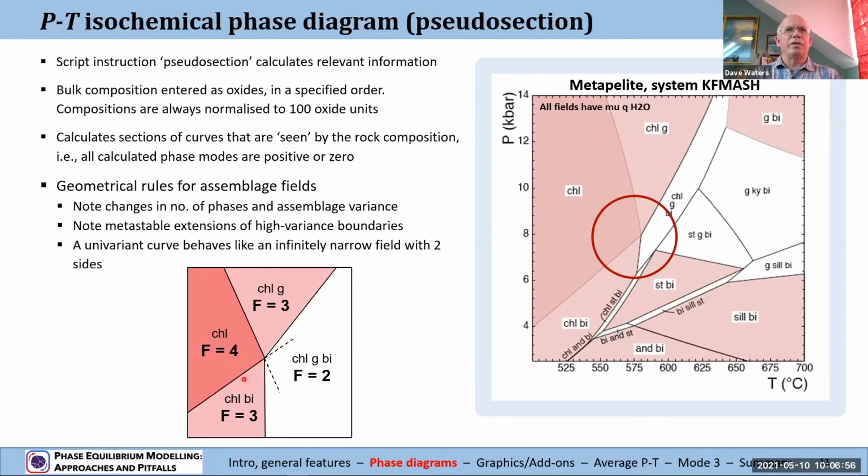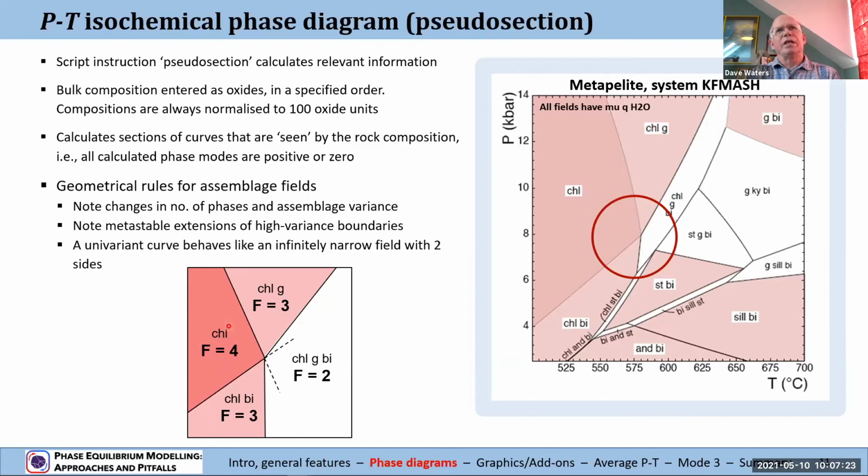And that corner of that field involves a point that's now constitutionally invariant, and that divariant field makes contact with two trivariant fields, and opposite it there is a field here with just chlorite, muscovite, quartz, and water, which is a quadrivariant field.